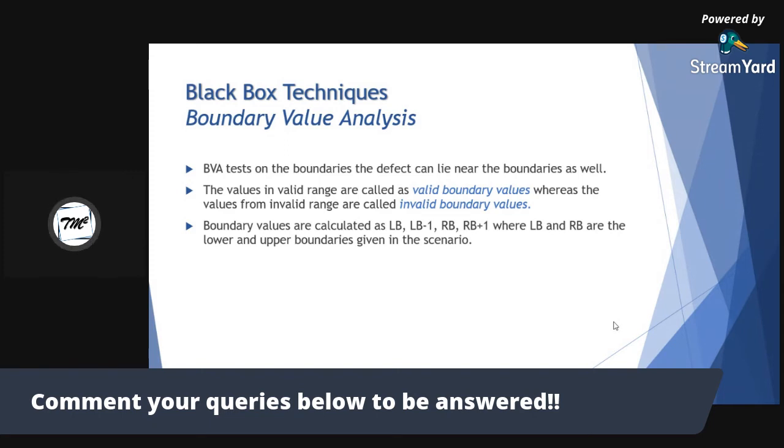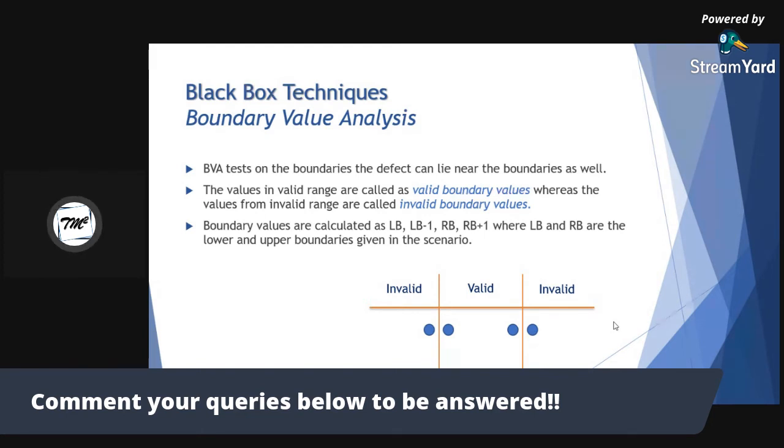When you say 2-point boundary value, it generally means one inside, one outside, and one inside, one outside on both the boundaries, that is left boundary and right boundary. But when they mention 3-point boundary value, that means one on the boundary, one inside, one outside on both the boundaries.